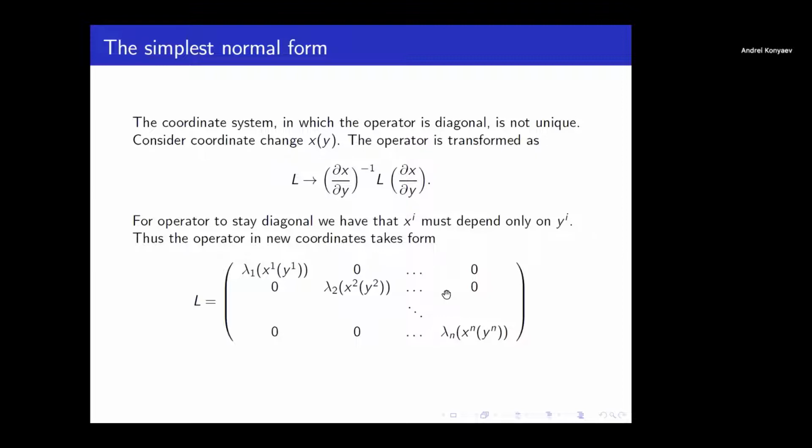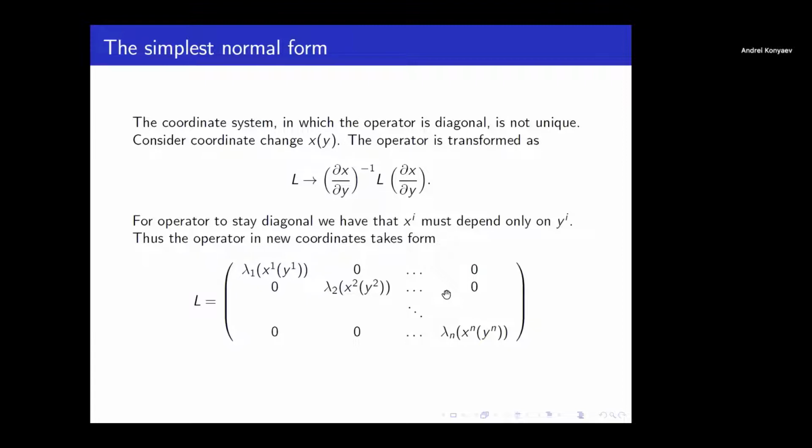We start with the simplest normal form. We will proceed to the more complicated normal forms later. This is, by the way, a large part of our course, because different normal forms play different roles in different branches of applications, both finite and infinite dimensional. So we ask, what is the normal form in the case of a diagonal operator? Let's look at the coordinate system.